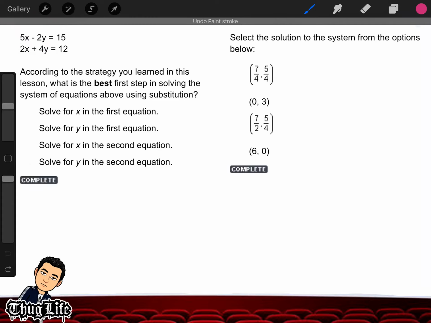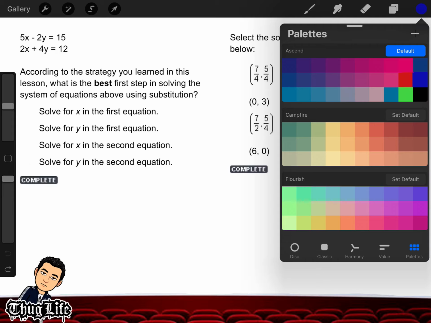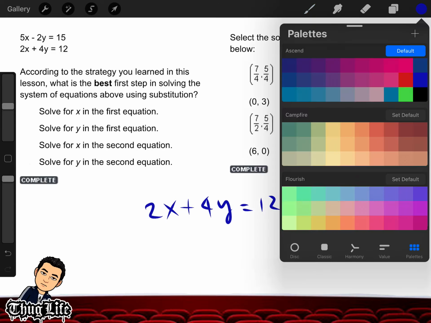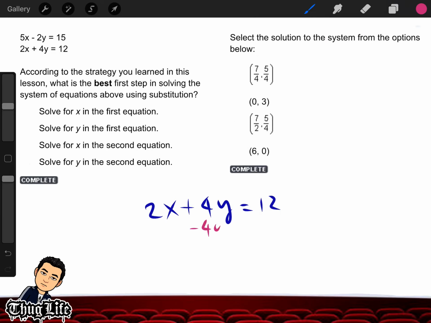I'm going to write that here. So 2x plus 4y equals 12. I'm going to subtract 4y on both sides. So I have 2x equals negative 4y plus 12.